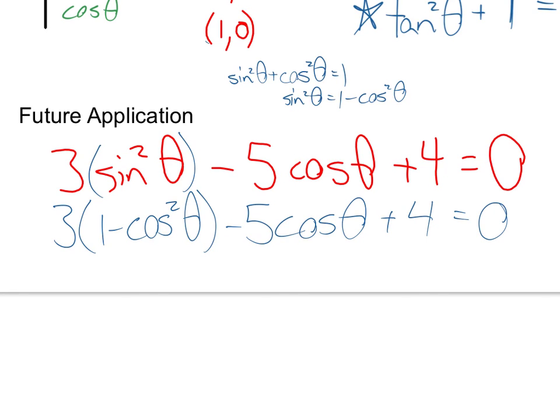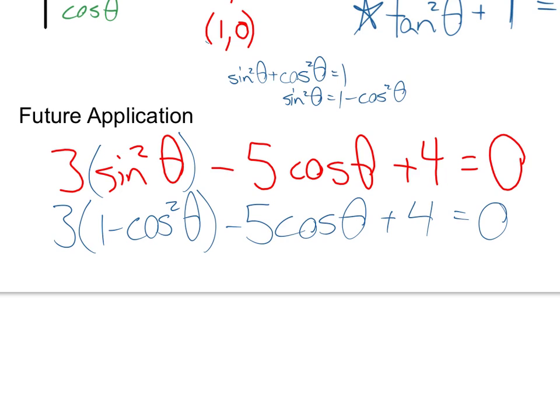But by extension, cosine squared also equals 1 minus sine squared, right? That's correct. So if these were switched, if it were a cosine squared minus 5 sine, then we would want to plug in the 1 minus sine squared for cosine squared. Or if it were a secant squared minus 5 tangent theta, we would say, oh look, secant squared is tangent squared plus 1, so I could throw a tangent squared plus 1 in there.